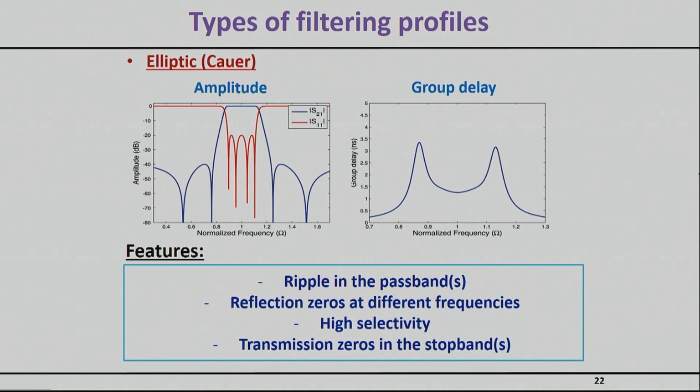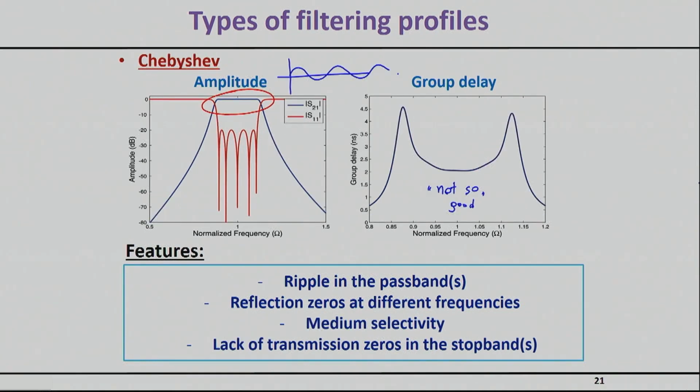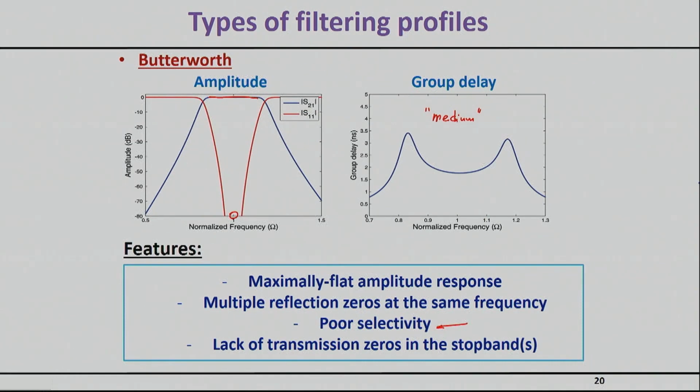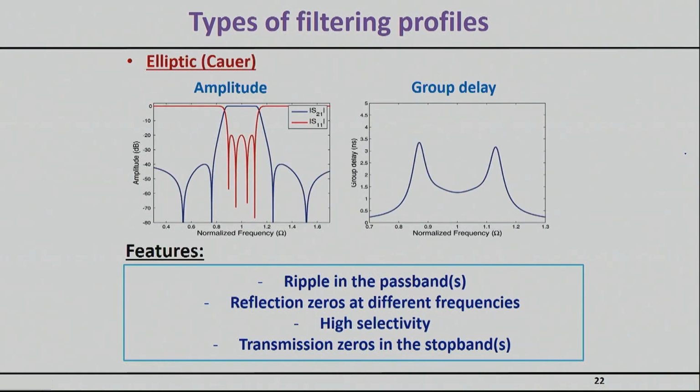There's another type of filter on which I want to spend a little more time, and that's the elliptic filter. The elliptic filter, instead of placing all of the transmission zeros at infinity, which is, by the way, the case for the Chebyshev as well as the Butterworth, where all of the transmission zeros are at infinity, and of course at 0 as well, has finite transmission zeros.